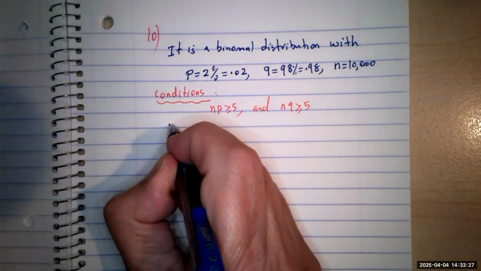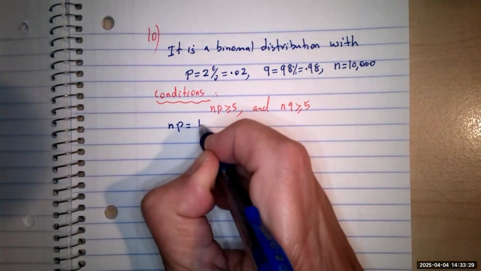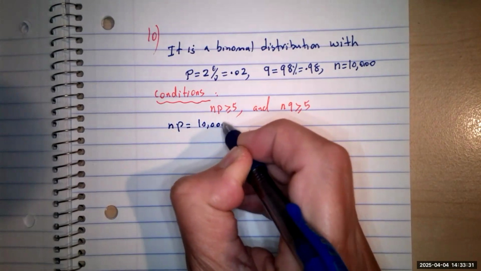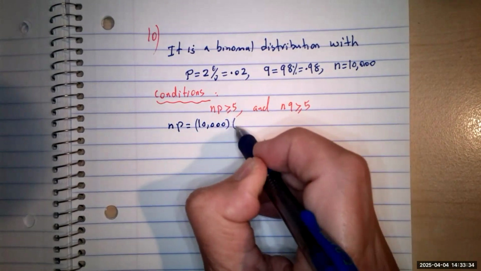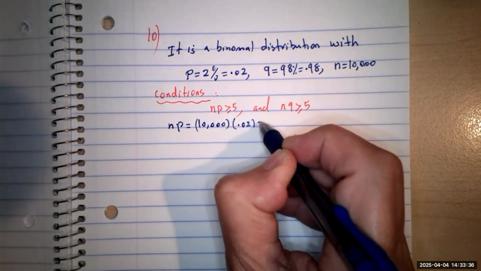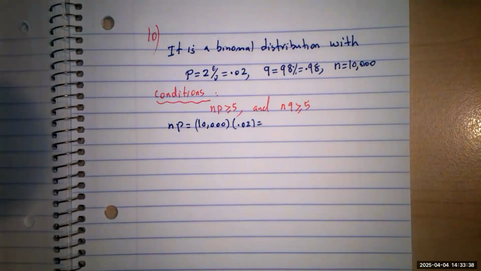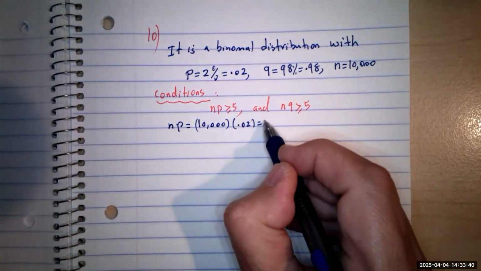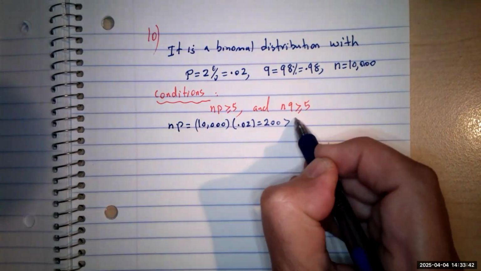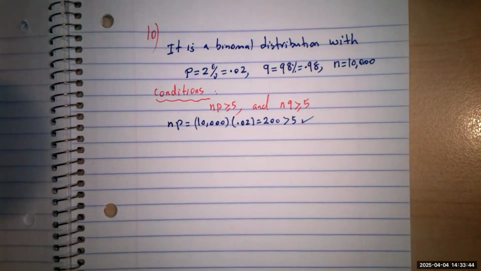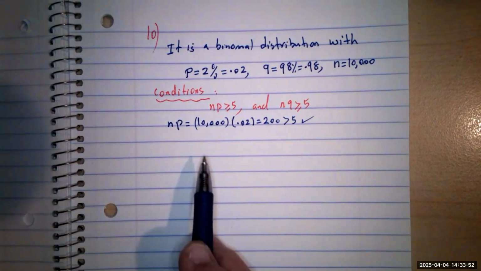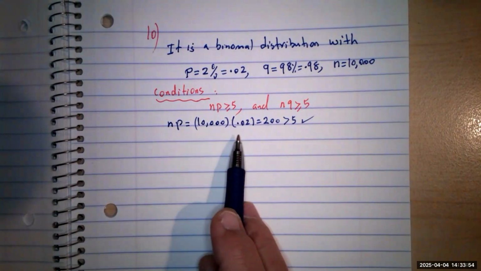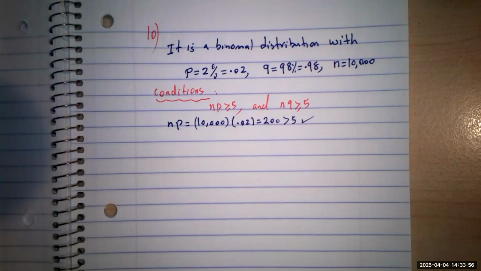So n times p, n is 10,000 times p. p is 0.02, 2%. That gives you 200, which is very much greater than 5. So the first condition is satisfied.